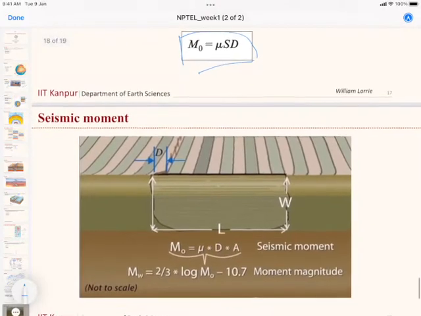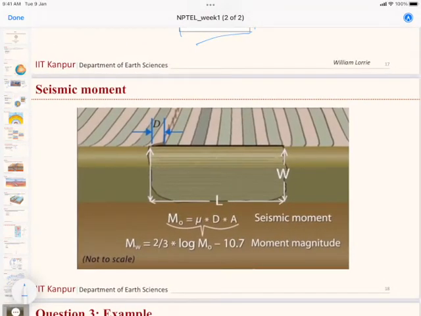Now this illustration shows how these parameters come in. The area I am highlighting is the ruptured surface area, whose length is L, over here, and whose width is W, like this. And D is the slip that occurs along the fault. Here you can see that this is the displacement that happened after the earthquake occurred.